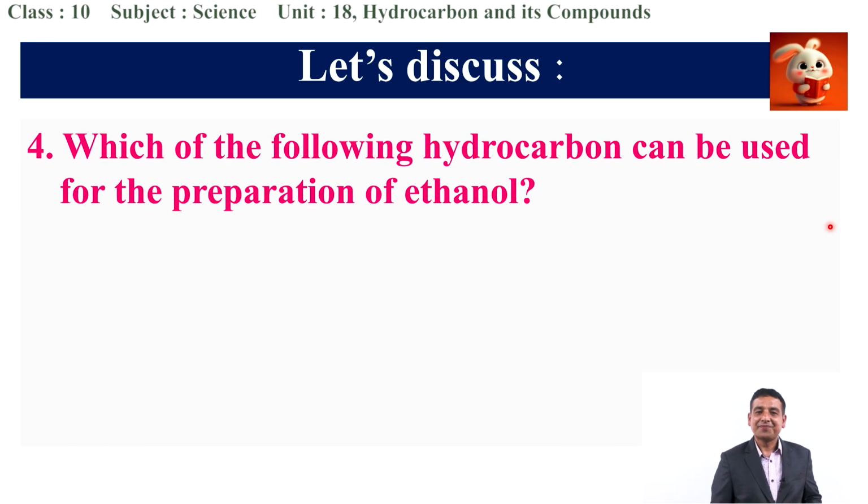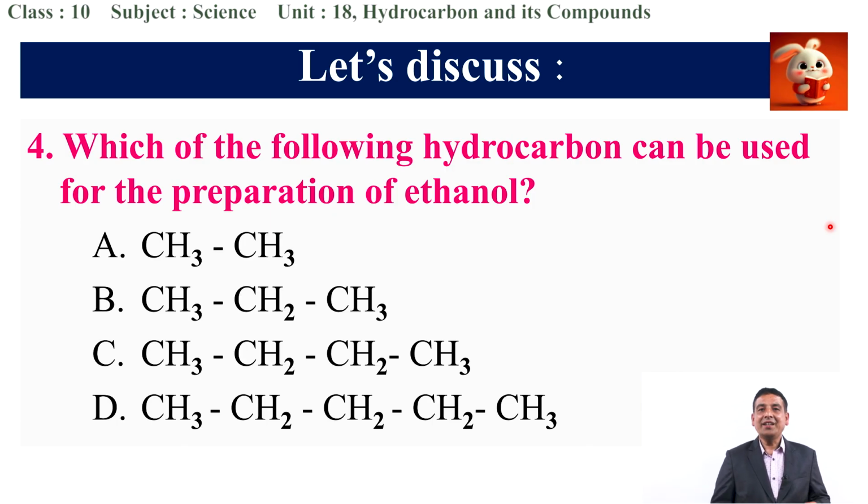The next question is, which of the following hydrocarbons can be used for the preparation of ethanol? In ethanol, the word eth, what does this represent? Yes, 2 carbon atoms. Eth is the word root for 2 carbons.